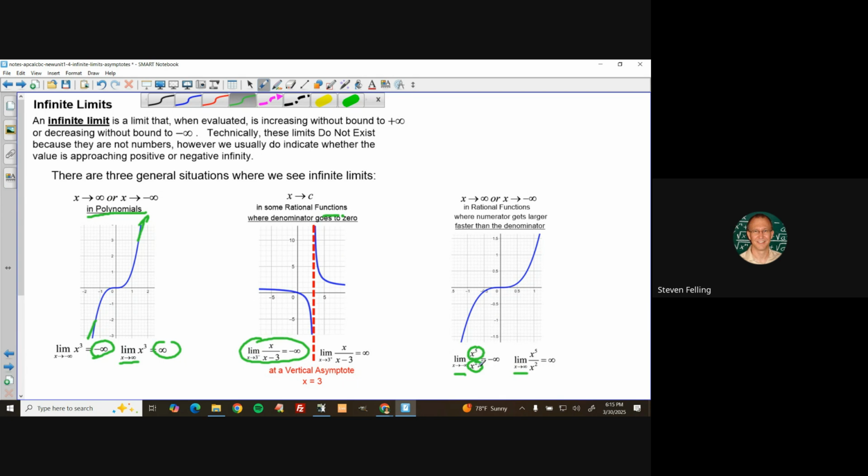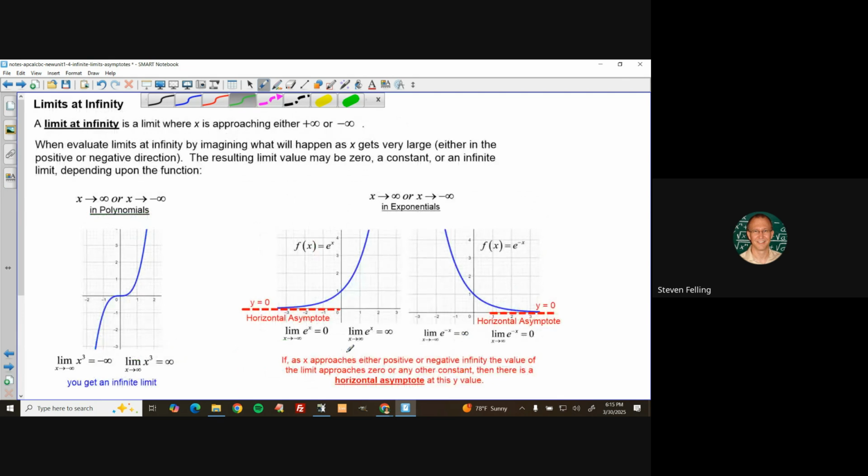The denominator going to zero wants to force the y to go to zero. The numerator going to infinity wants to force it to go to infinity. And if the numerator is larger, it's going to win out and make the whole thing go off to infinity. So those are three situations where you'll get infinity as a limit, as the y value.